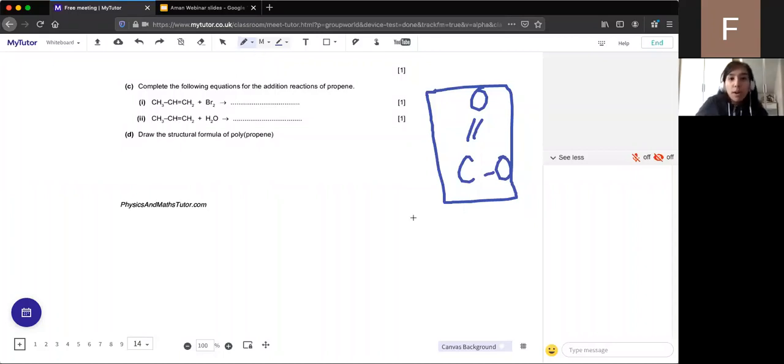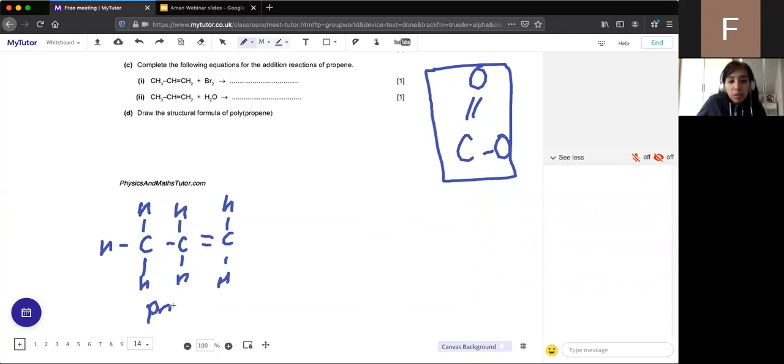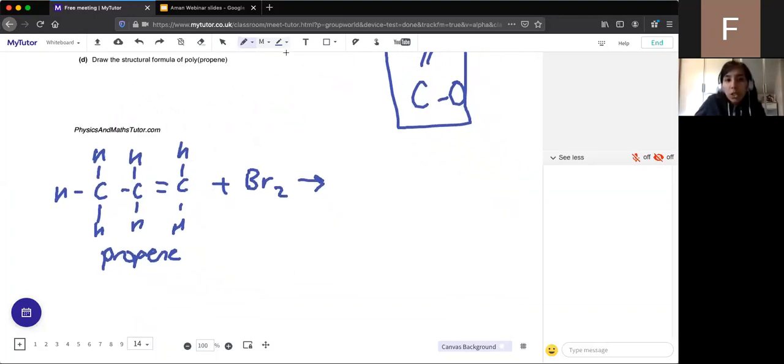So I will draw out this equation because we did it yesterday. So we've got CH3, CH2, double bond CH2. And remember, we want to count that there are 4 bonds. This is propene. There are 3 carbons. It's an alkene because we've got a double C bond. It's going to react with bromine. And if you remember what we covered yesterday, the bromine breaks that double bond. So essentially, we end up with an alkane, or dibromoalkane.